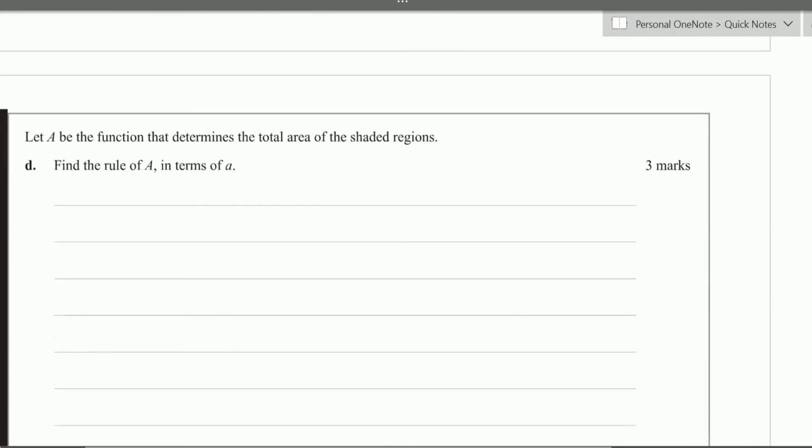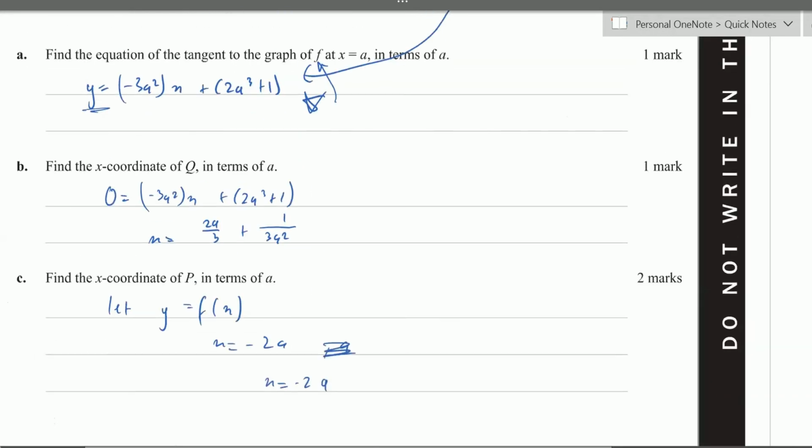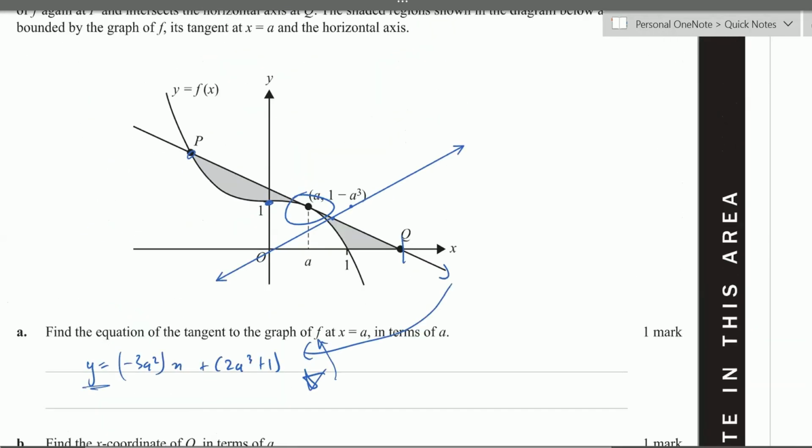So A is a function that determines the total area. The total area of the region that's highlighted is what's grayed out, but you have to be careful. Your first thought would obviously be to do this function minus this function, and that would be correct, but only as long as the functions are on top of each other.